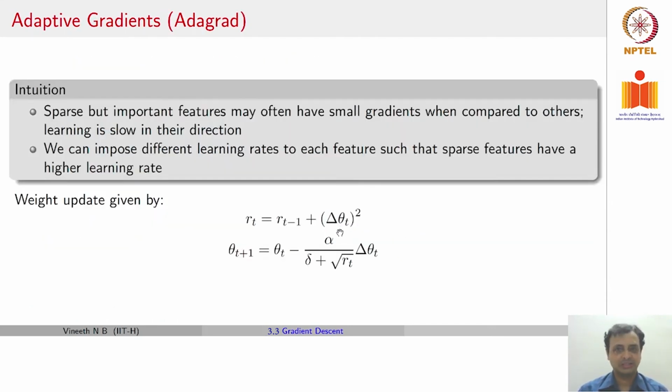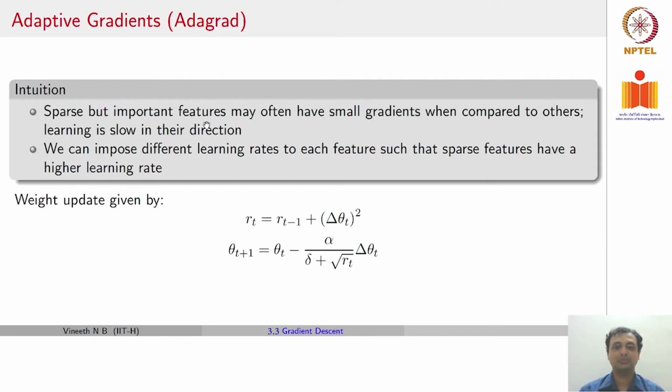One of the earliest methods in this context was known as adaptive gradient, or Adagrad. Adagrad has a simple intuition: sparse but important features may often have small gradients when compared to others, and learning could be slow in that direction. In our case, features means dimensions of weights, rather a subset of weights.